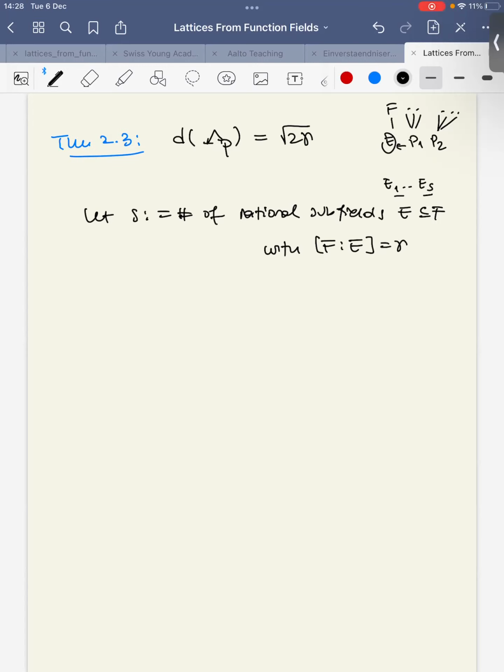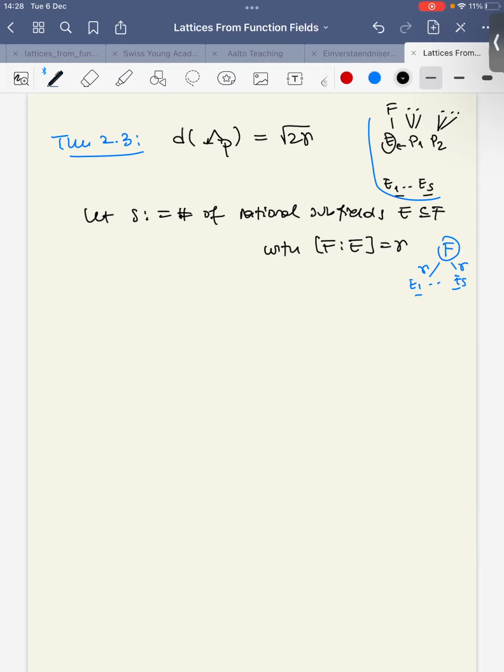So suppose that we are in the case ES. For instance, when you consider this F as an elliptic function field, as I mentioned before in the last lecture, the number of the rational subfields is exactly the number of the set of rational places.